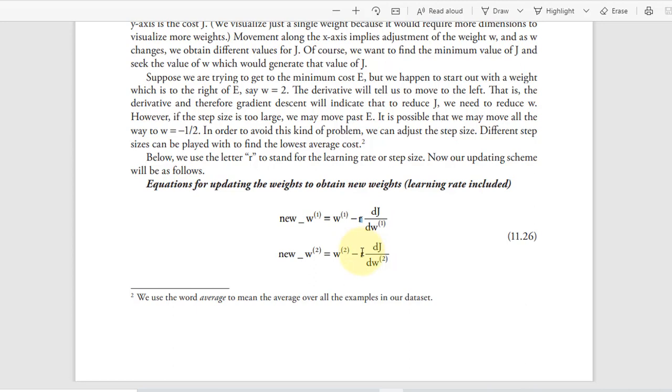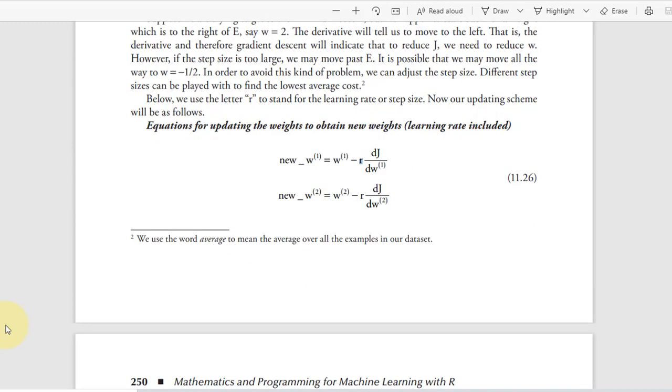So we allow that flexibility by throwing in the r there. And that r can be set to different things. If we want to subtract one full gradient, we can have it at 1. If we want it to be a half of a gradient, we can set it to equal a half, and so on.